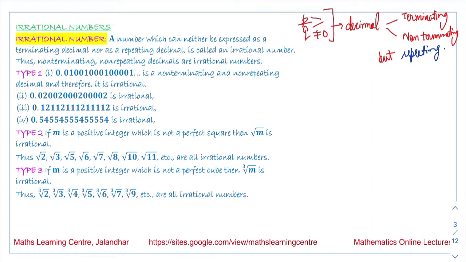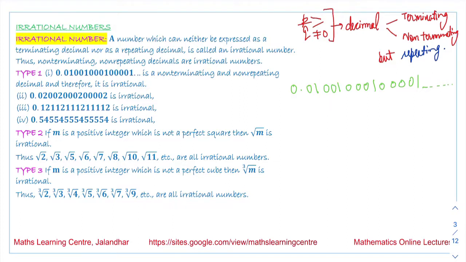Now suppose I am talking about a number, say I am writing 0.01, then 001, then 0001, then 00001 and so on. This is also a number we are writing in decimal form.